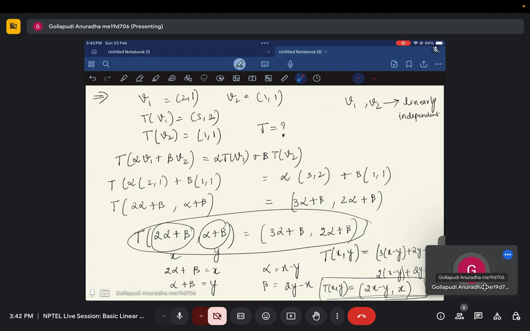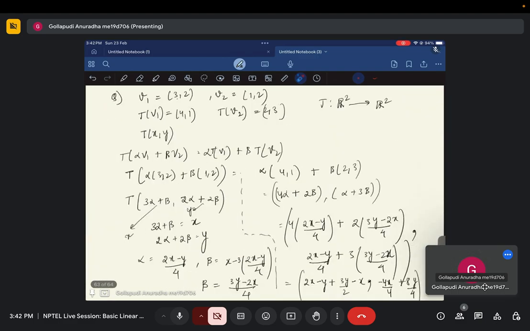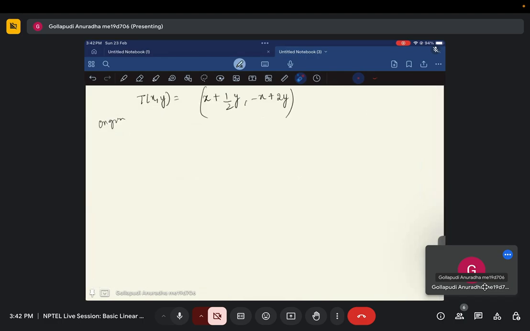So for every vector in the vector space, you have the same transformation.